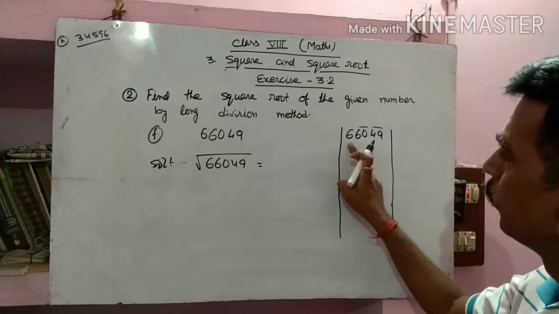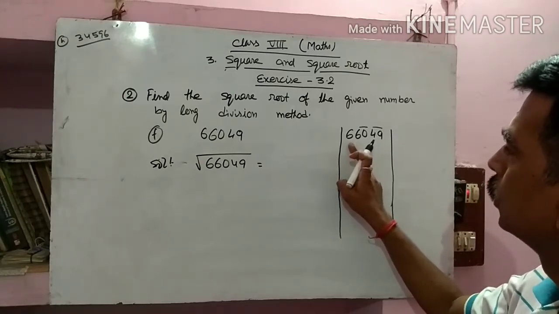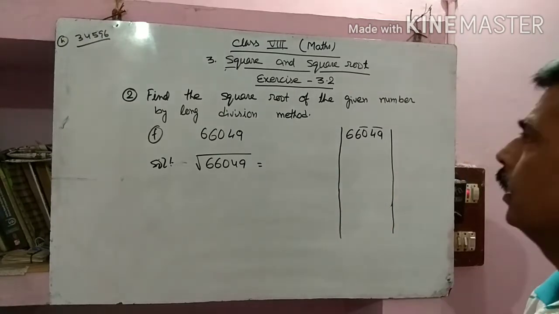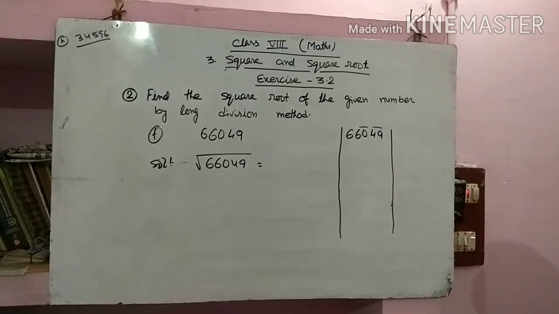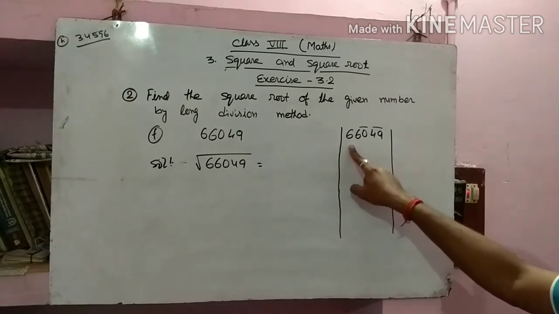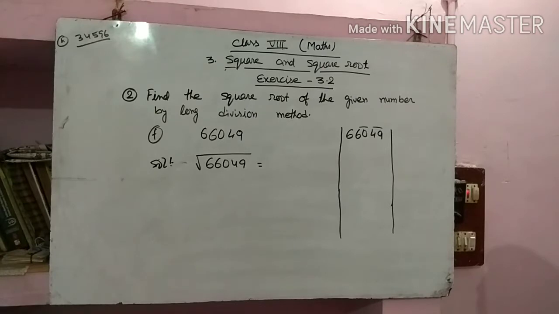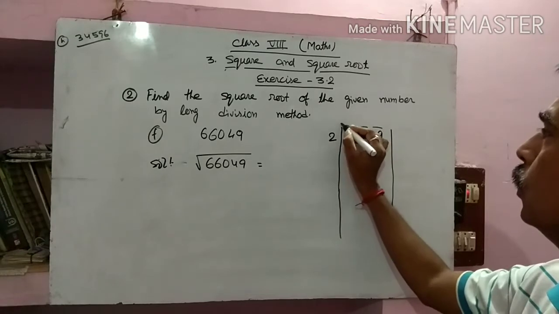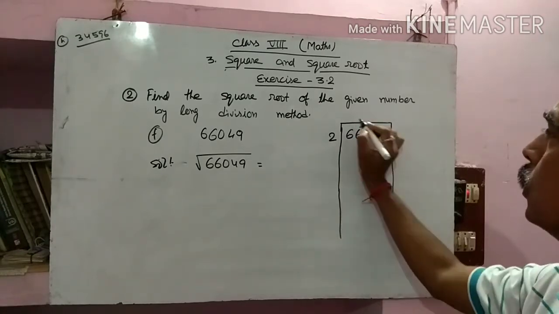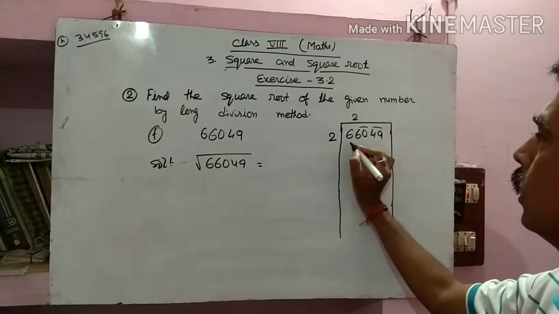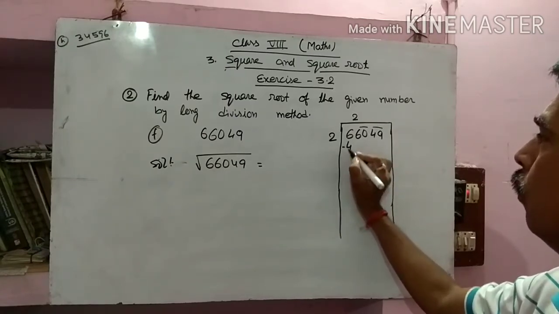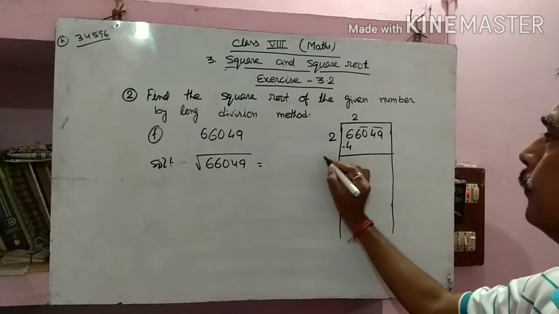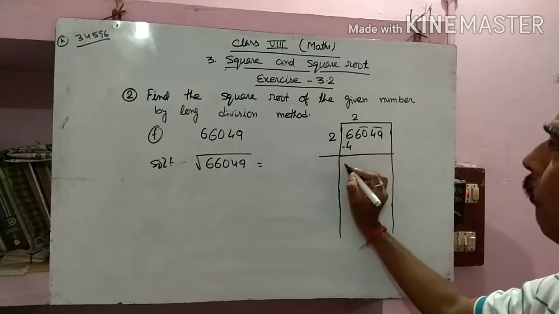So we have to find a number which multiplied by itself is either equal to 6 or less than 6, as in the general division method. So it will be 2. 2 twos are 4.